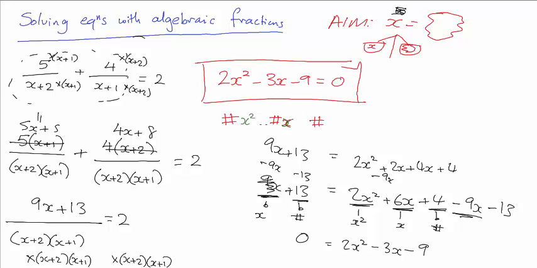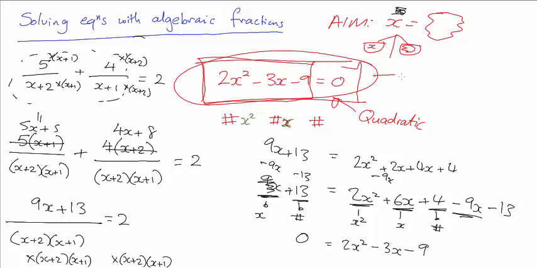Okay? Well, listen. This is a quadratic. When you have a certain amount of x squareds, x's, and some number, that's a quadratic. And the fact that it's equaling something, this whole thing is a quadratic equation.